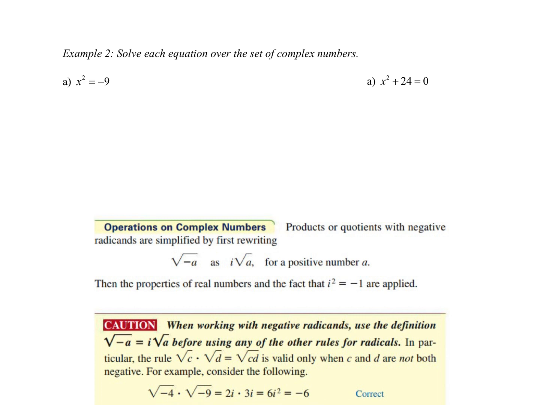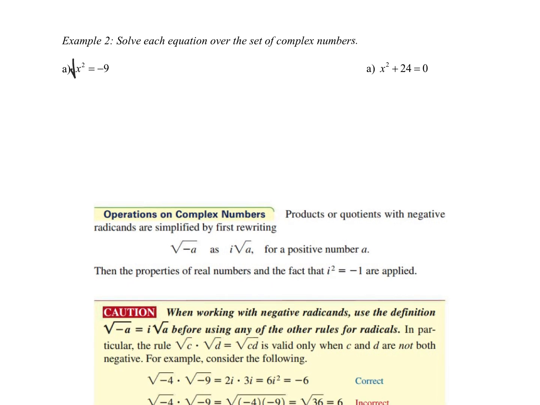So I'm going to square root both sides. x squared equals plus or minus the square root of negative 9. x equals plus or minus, I'm going to have the i come out, but the square root of 9 is 3, so 3i. Your book writes them as a solution set like this, plus or minus 3i.